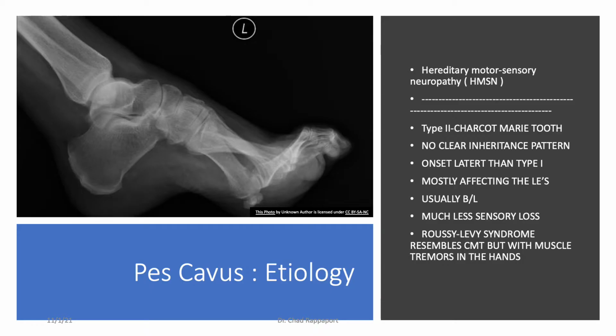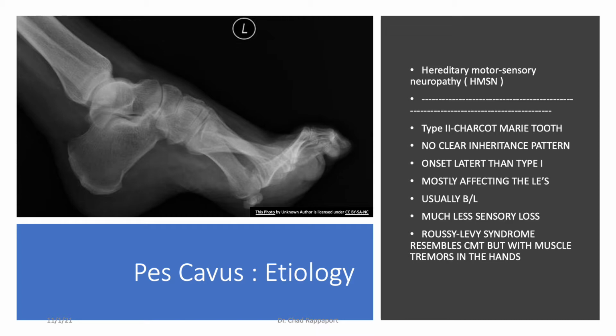Type 2 Charcot-Marie-Tooth does not have any clear inheritance pattern, and its onset is typically later than type 1. Additionally, it usually affects the lower extremities in isolation, usually bilaterally, and patients have much less sensory loss.